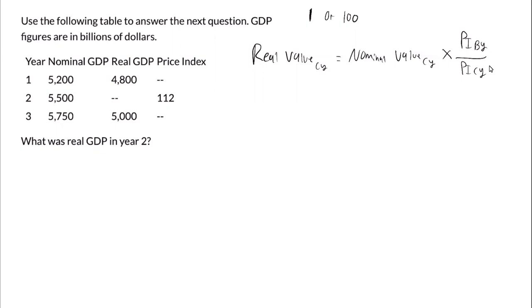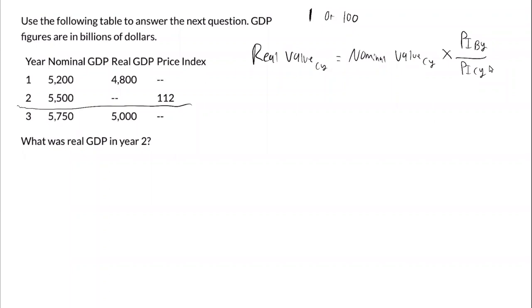In this example, we're going to find the real GDP using nominal GDP, specifically in year 2. This is important because we want to be able to compare GDP across time. Is the economy getting bigger? Is it producing more? We can use real GDP to see whether the economy is growing. Let's calculate this out.